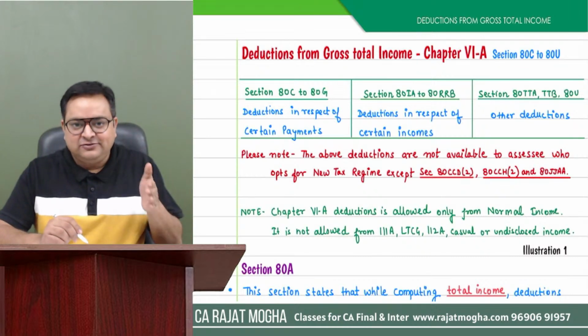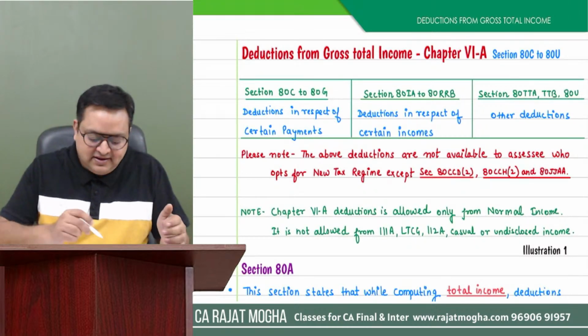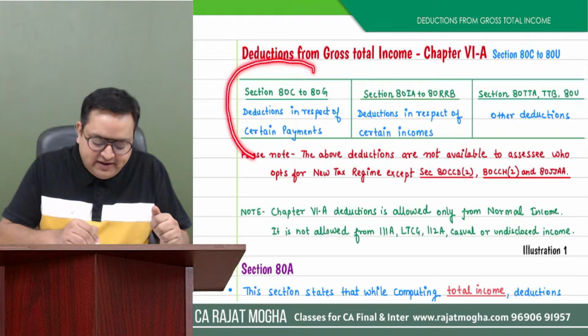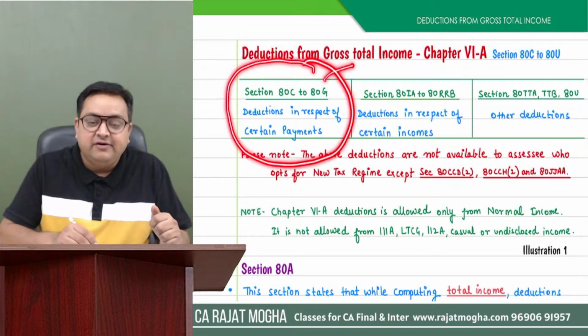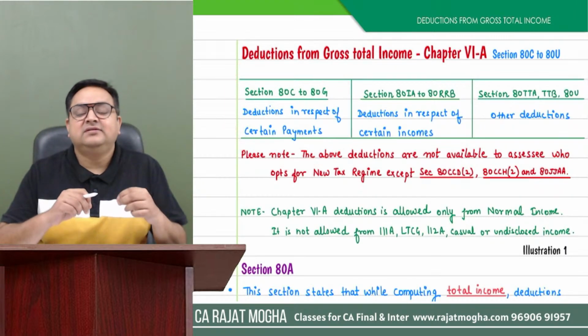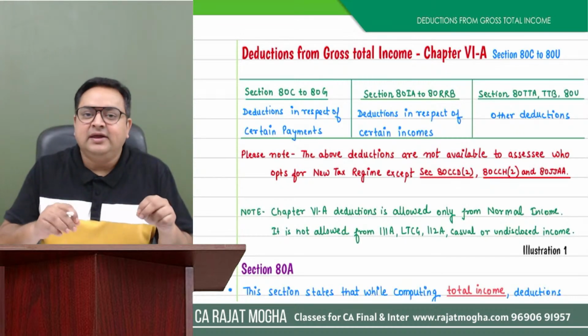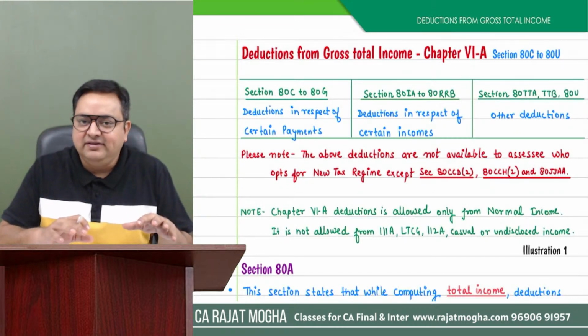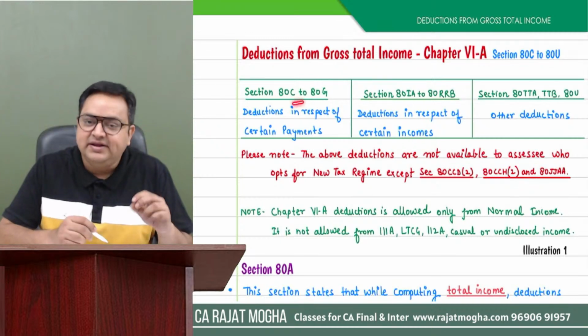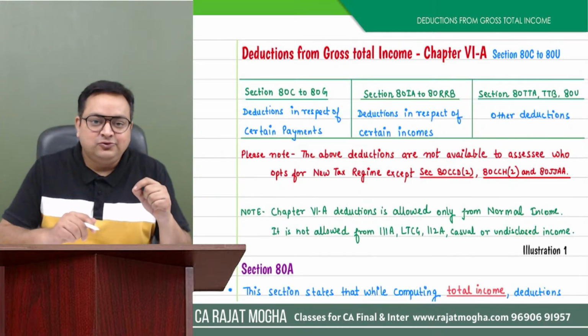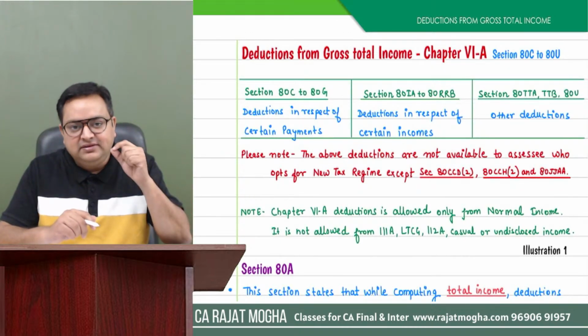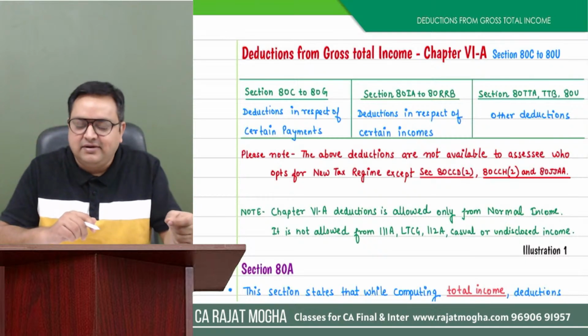The basis of this categorization is that sections from 80C to 80G are available only when we make certain expenses or certain investments. Then only we can claim deductions. The assessee has to make a payment to someone, or invest the money somewhere.